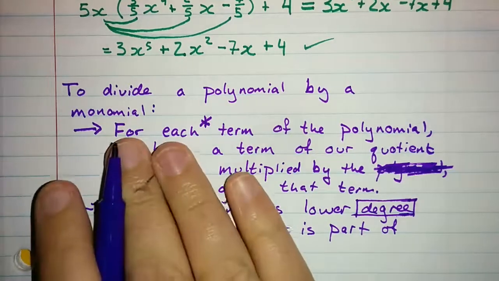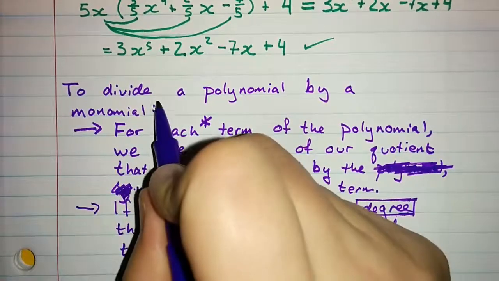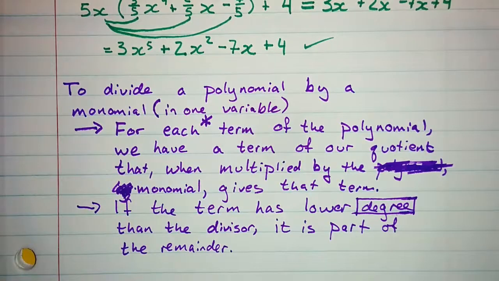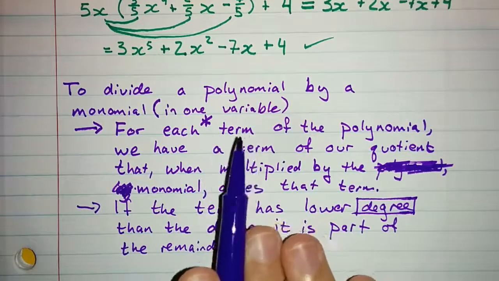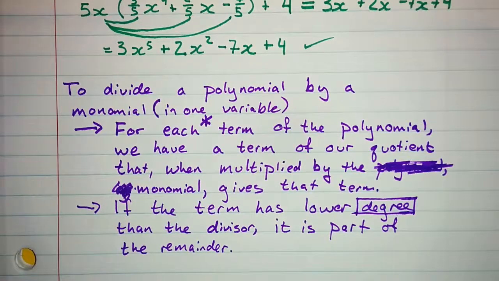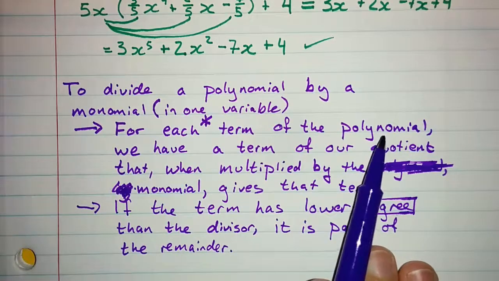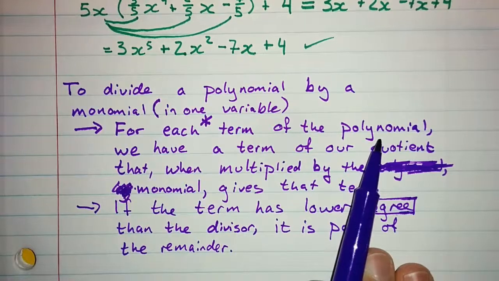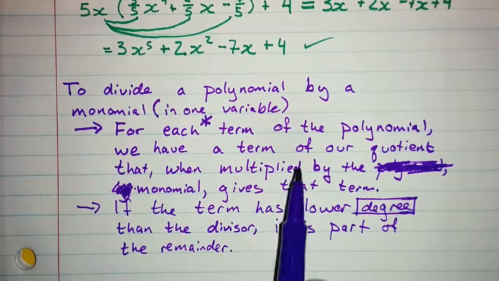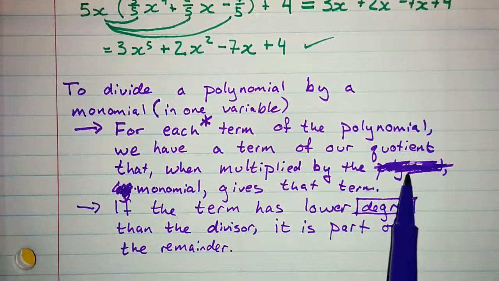We're going to focus on dividing by a monomial in one variable. We're going to stick with polynomial division for polynomials in one variable. And this is it. So we go term by term through the polynomial, finding in turn the terms of our quotient.